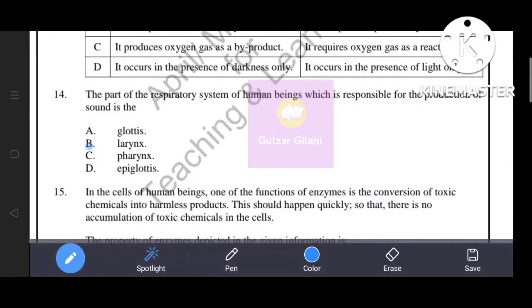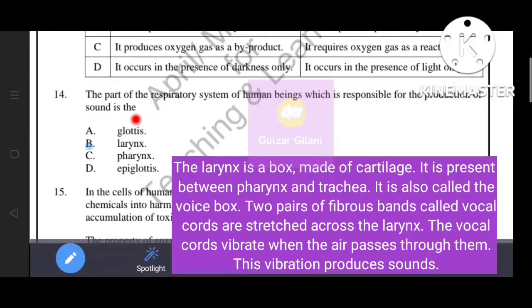Next question. The part of the respiratory system of human beings which is responsible for the production of sound is the, as you know, the larynx is a box made of cartilage. It is present between the pharynx and trachea. It is also called the voice box.